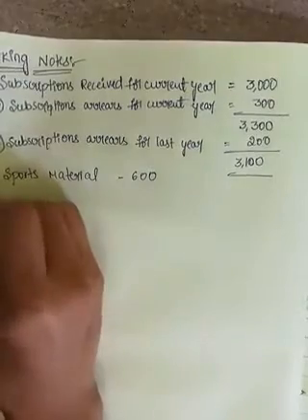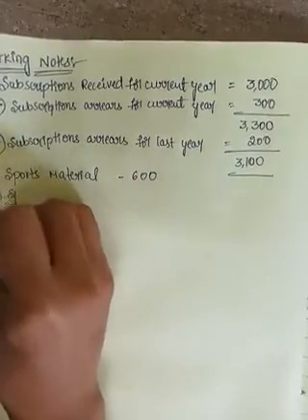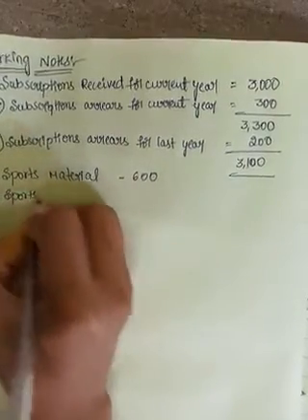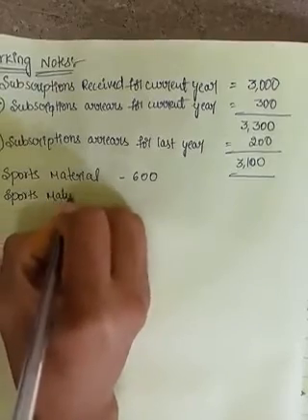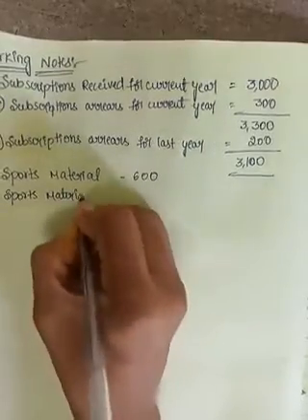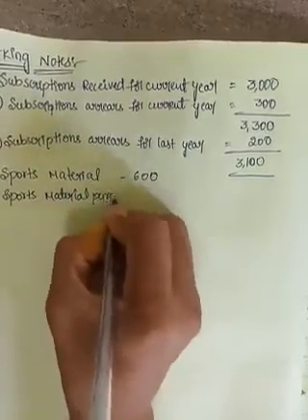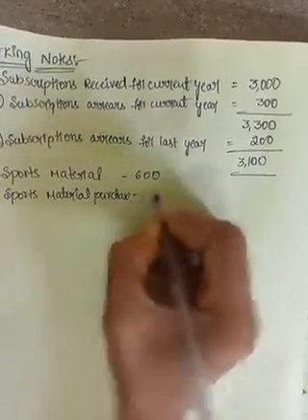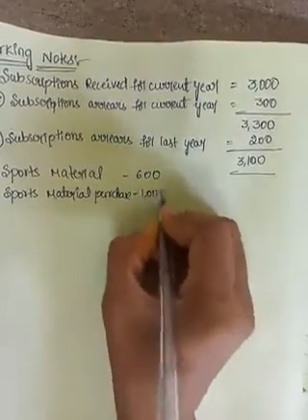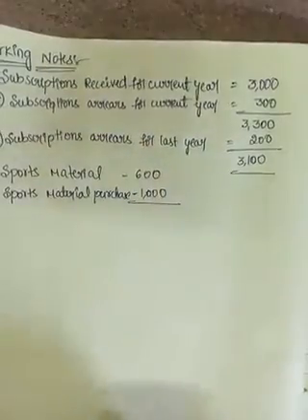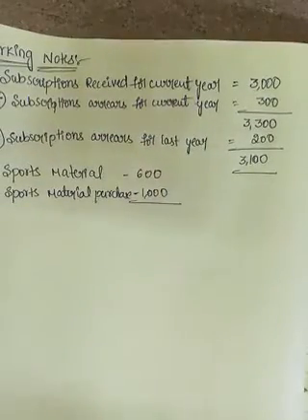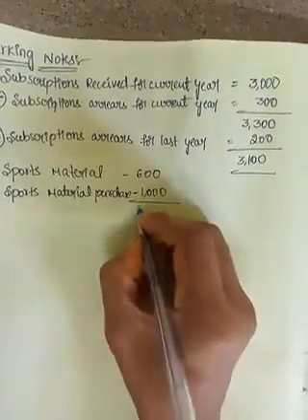Sports material purchase is how much? Sports material purchase is 1000. Total is how much? 1600.